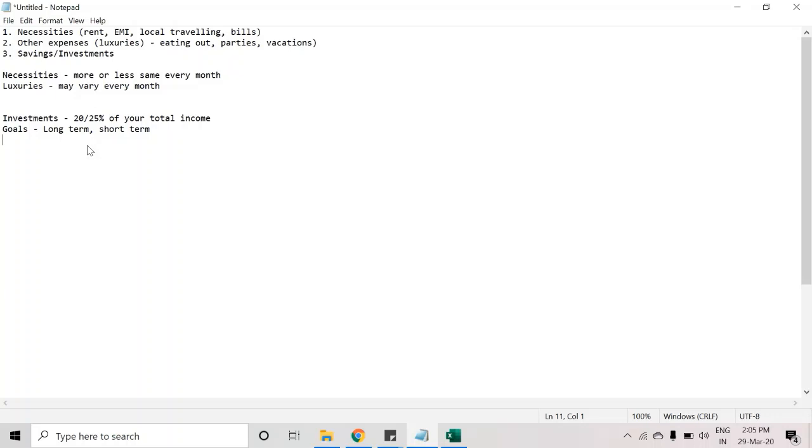Today I'm going to talk about two such investments. One is a risk free instrument, which is a recurring deposit with a bank.